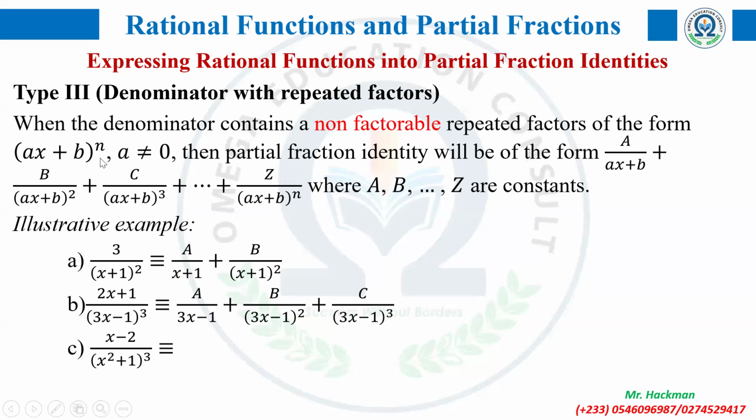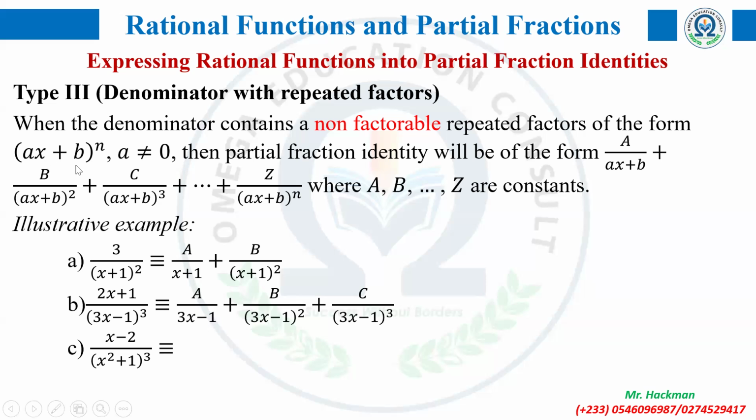Because when you talk about repeated, then it means it is multiplying itself at least twice. So that if it is x, it will be x times x, which is x squared, x times x times x, x cubed. So the least power here will be 2, so that we can get repeated factors. Other than that, if it is 1, then it's just a factor, which is not repeated. I guess my point is well made.